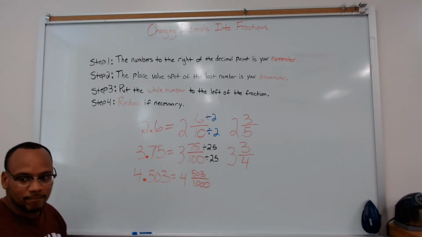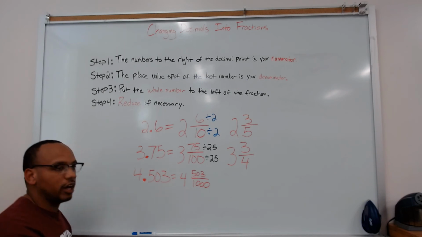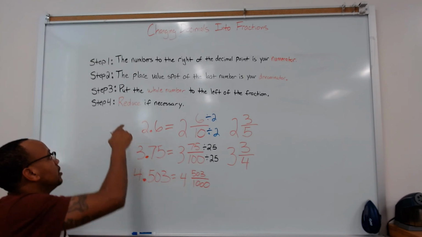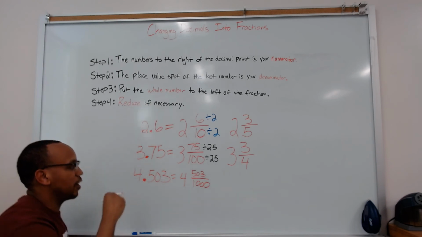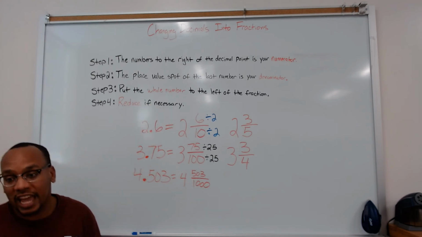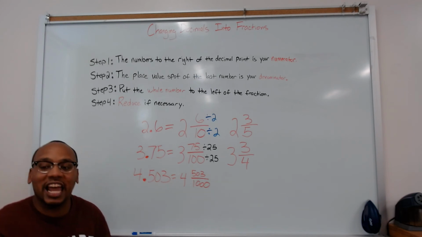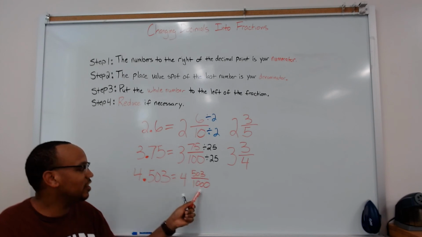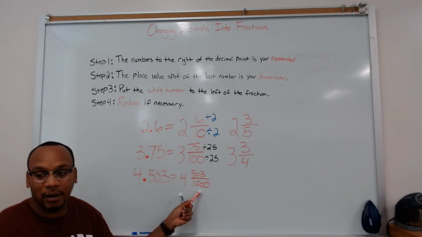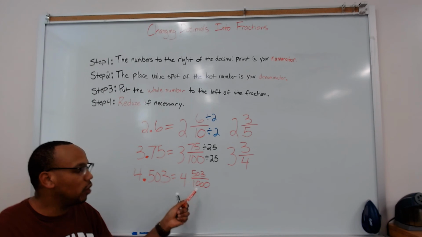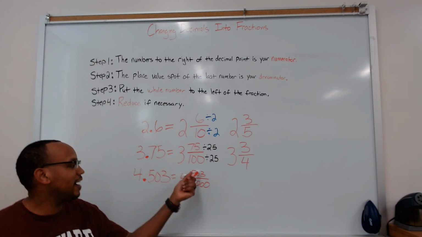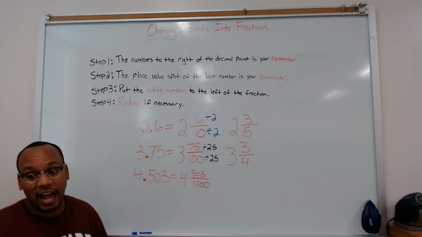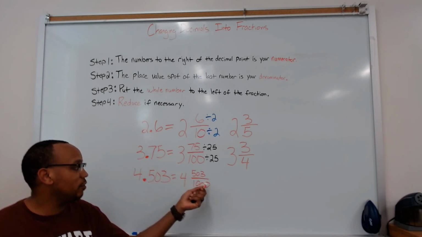All right? Now, from here, reduce if necessary. Sometimes you can't reduce because you can't find a number that you can divide into 503 that's going to be divisible by 1,000. Right? I can't divide it by 2 because 503 is not even. I can't divide it by 5 because it doesn't end in a 5 or a 0.